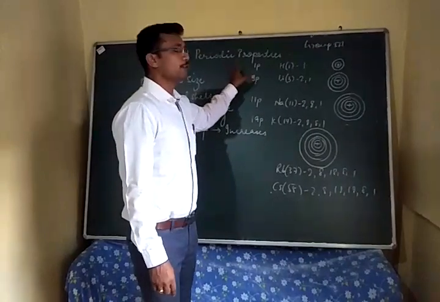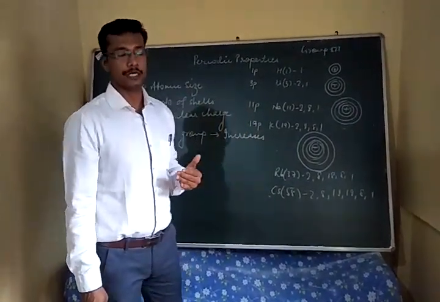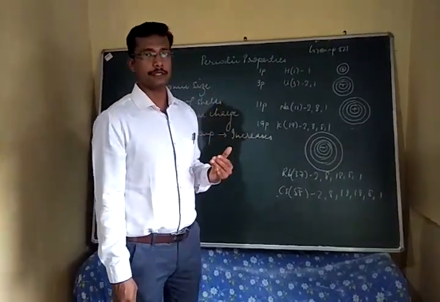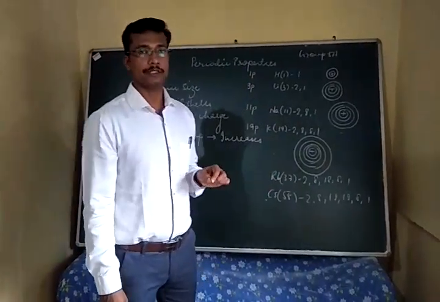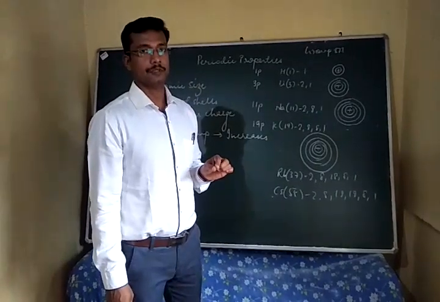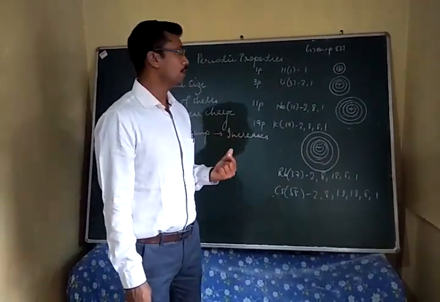And when the number of protons increases, that also increases the nuclear charge. And we know that on increasing the nuclear charge, the attraction of the electrons towards the nucleus will increase, which will ultimately decrease the size. So here we have got two things to look over.